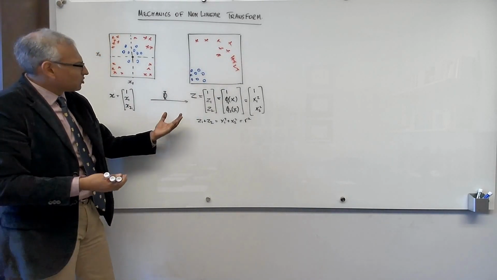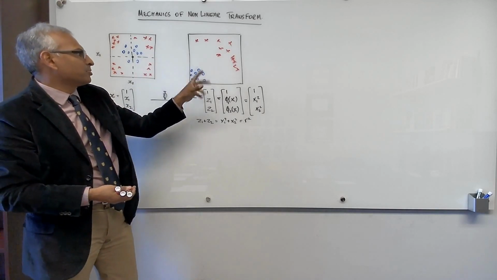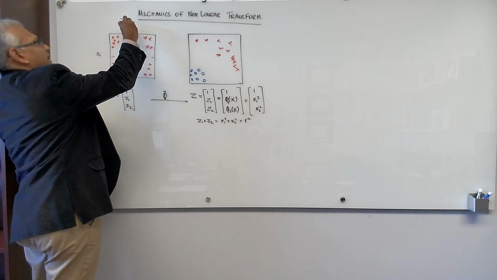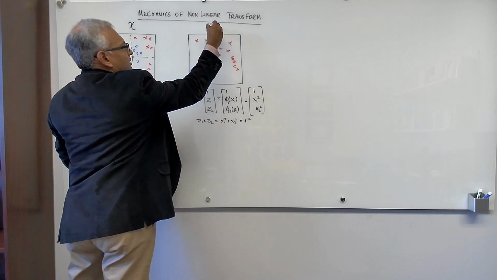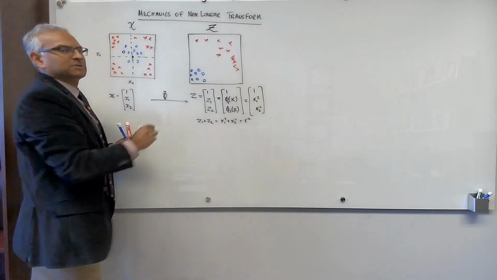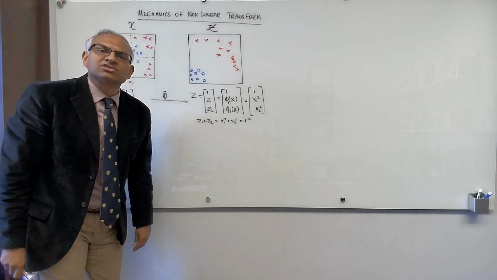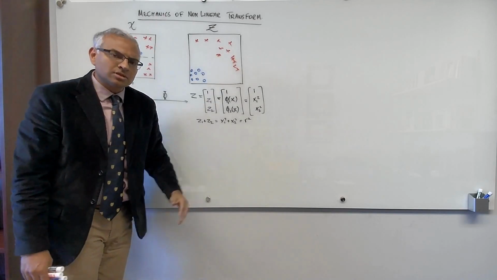So what did my transform accomplish? It accomplished that my blue points and my red points in my new space, so we will call this the original X space, script X, and we will call this the transformed Z space, script Z, and I'm trying to write these as script capitals, but you get the idea. So this is my transformed space. In my transformed space, the blue and red are easy to separate with a line.